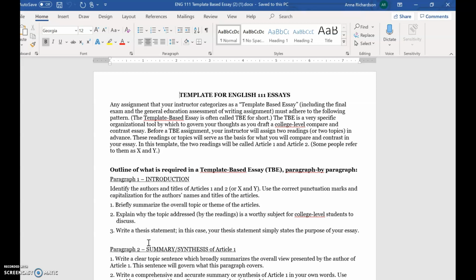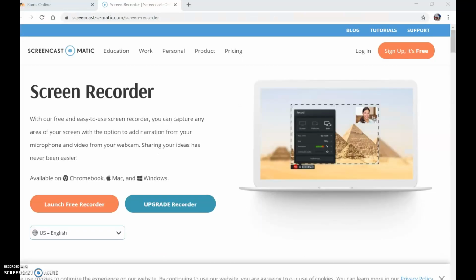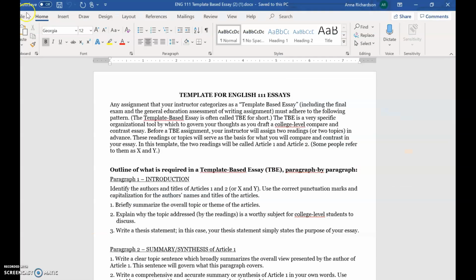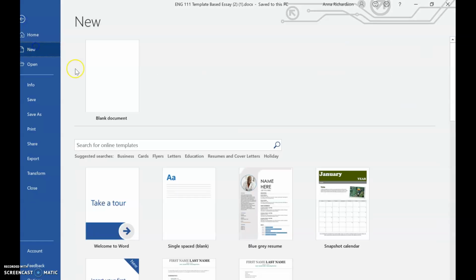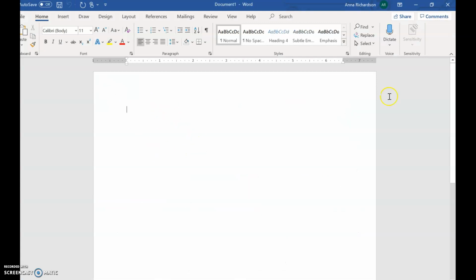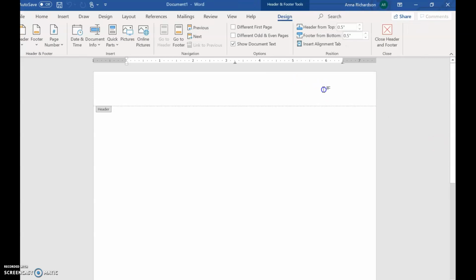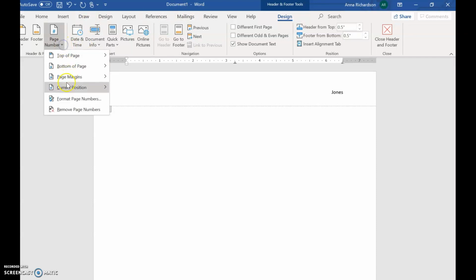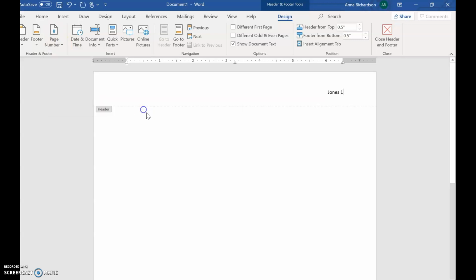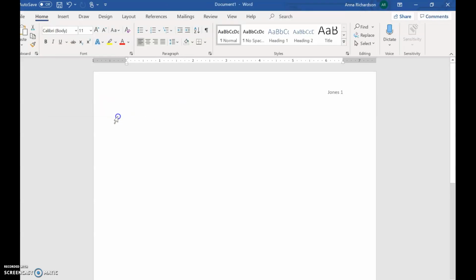So let's open up a new document. Very briefly, I'm going to go through here and I am going to set up my paper. I'm going to pretend my last name is Jones today, okay? I'm going to insert my page number. I think I want my name to be Lisa.